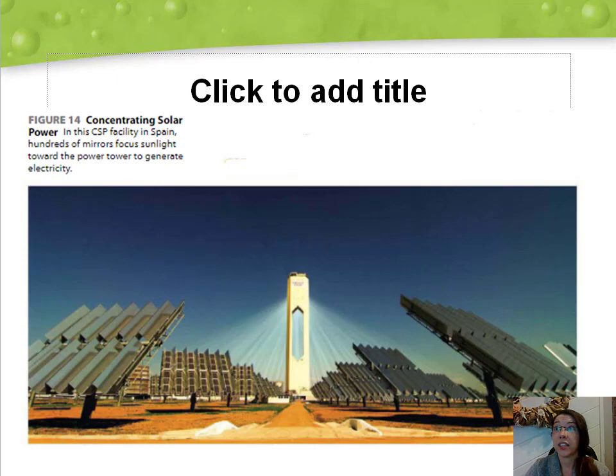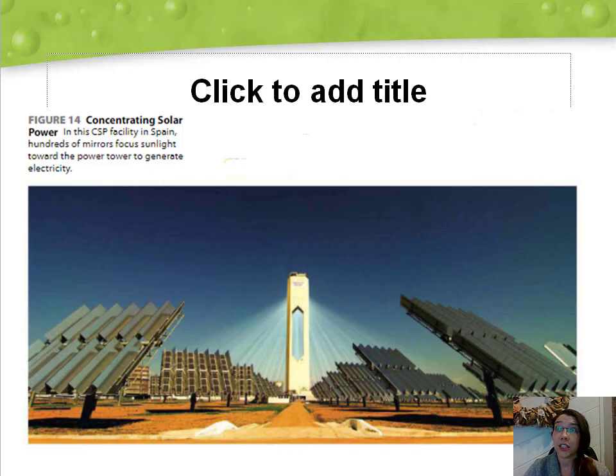In one kind of CSP, hundreds of mirrors are positioned in a large area surrounding a tall tower called a power tower, as seen in image 14. The mirrors focus sunlight onto the receiver on top of the tower. The concentrated sun's rays heat a fluid in the receiver.